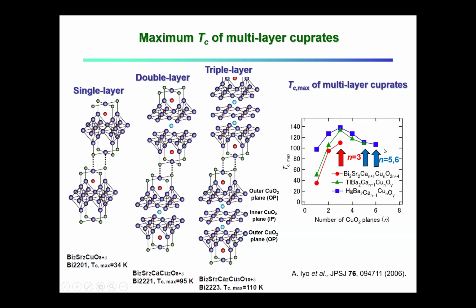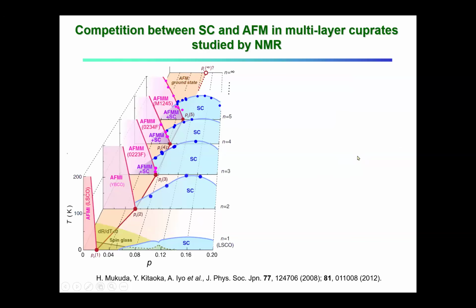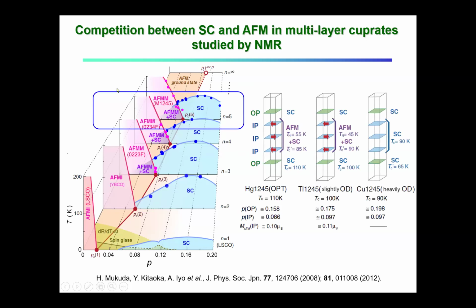Now, very recently, the 5-layer cuprates have been studied, but before going to the ARPES data, this view graph shows the NMR results.